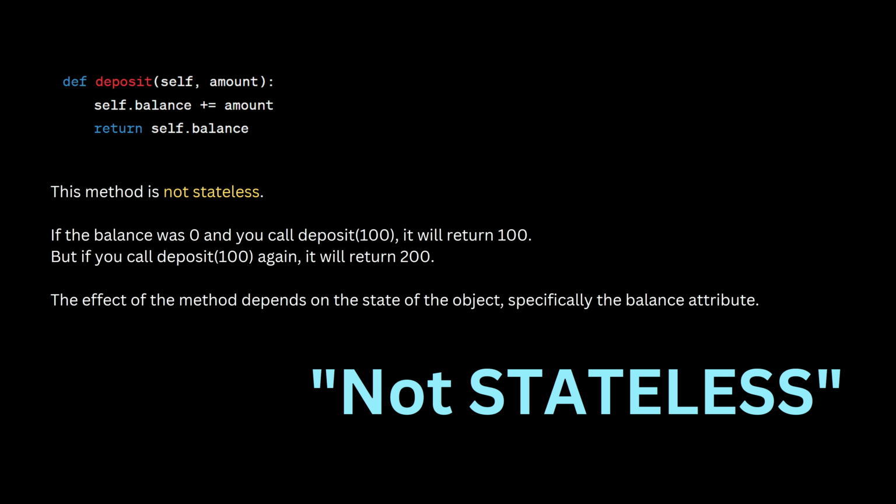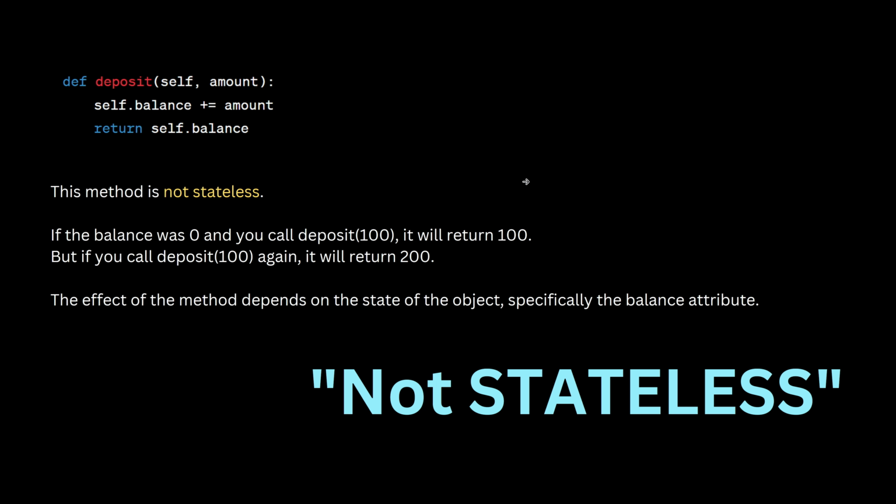But we want stateless. If we do parallel programming on multiple GPU nodes in the cloud, we want to be stateless in our functions, pure functions. This is not the way to do it, because whenever we apply a deposit, say deposit 100, and then deposit 100 again, the values will change from 0 to 100 and from 100 to 200. This is not optimal if you do parallel programming with multiple GPU nodes.